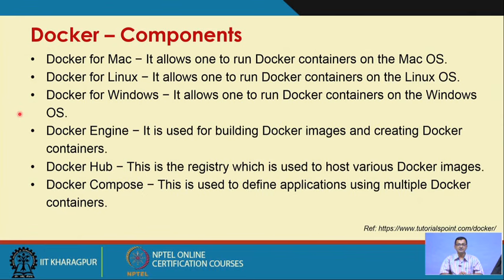Docker Hub is a registry used to host various Docker images. If you are a developer, you can submit images to Docker Hub, which can be used by others. Docker Compose is used to define applications using multiple Docker containers, a sort of composition service. So, these are the different components of Docker.